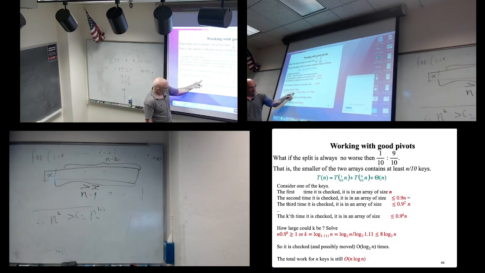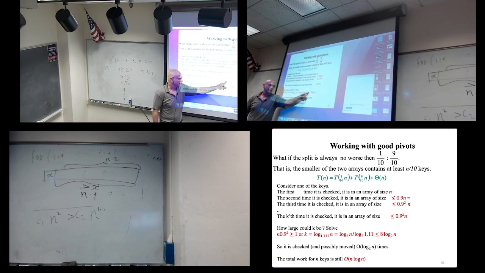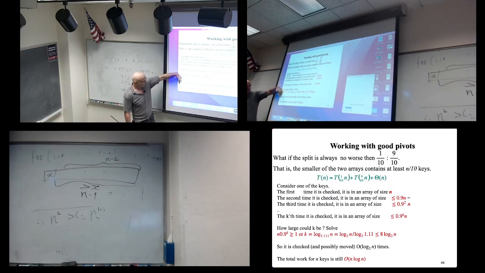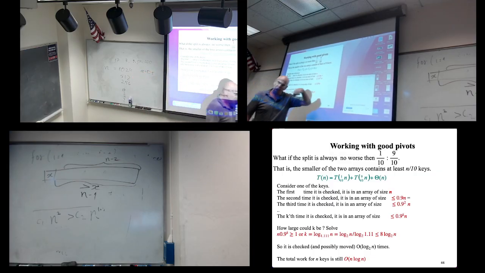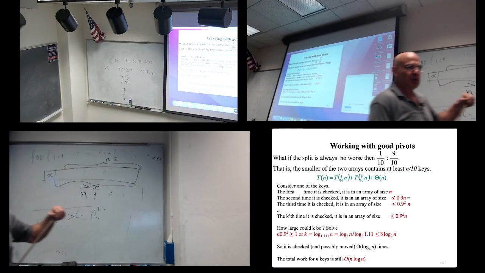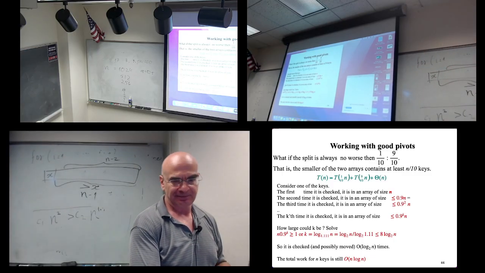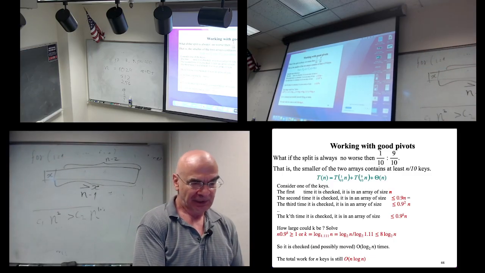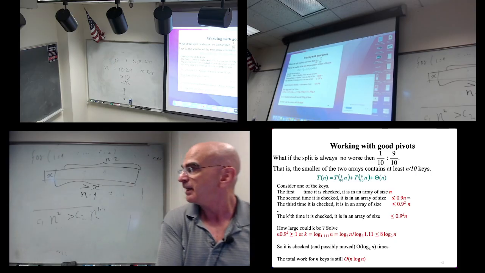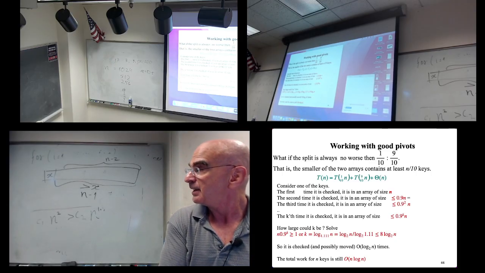And log to the base 1.11 of n is just log to the base 2 of n divided by a constant, log to the base 2 of 1.11, all smaller than a times log n. So the algorithm, if I only use good partitions, will still be n log n, which explains quicksort if you are picking the pivot at random. So it's n log n.